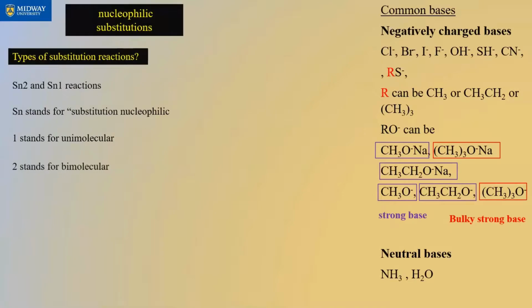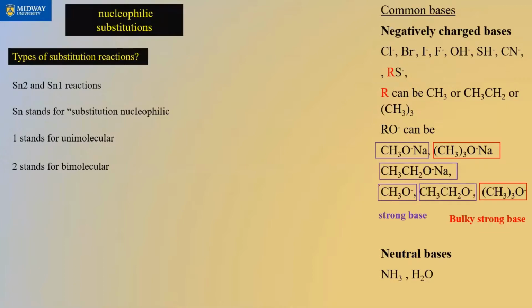Now, I have listed a list of common bases. I've listed some negatively charged bases, and I did not categorize them, and then I have a few that are in blue, or I think purple. These are strong bases, okay? And the ones in red are bulky strong bases. If you notice, within their color category, I have the negative with Na here, and here it's missing the Na. Why do I have that?